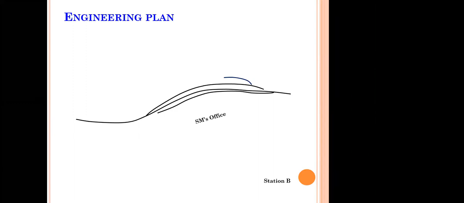We will show you the live ESP for which an SIP was prepared, and we will also give you an exercise to prepare the signal interlocking plan yourself. That is the base. The signal interlocking plan is the base for starting the signaling system, and it originates from the engineering scale plan.